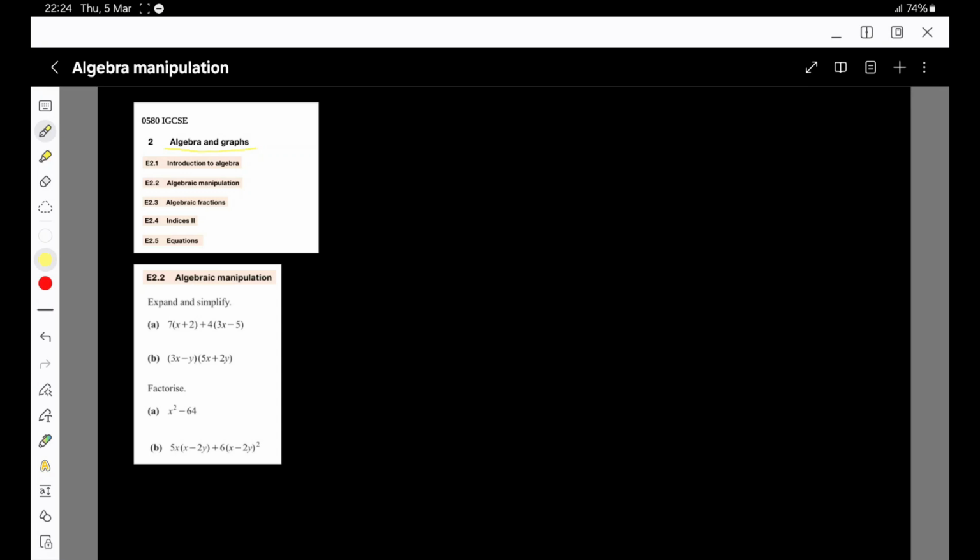So in the introduction, 2.1, which is introduction to algebra. When you think of algebra in math, just know you're going to be dealing with numbers that have y, that have x, that have a, that have b.